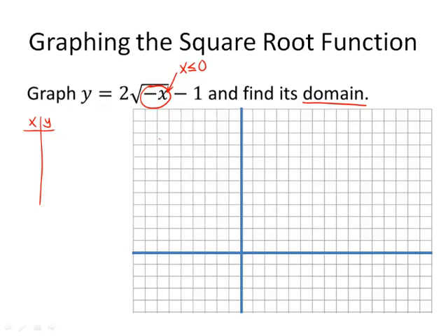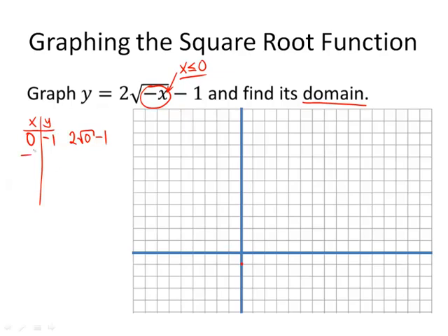So let's try 0 because I think in this case we can still choose a 0. So that would be 2 times root of 0 minus 1. Root of 0 is 0. 2 times 0 is 0. That leaves us with negative 1. 0, negative 1. Okay, keep going. Now let's keep going this way with our intuition of the domain.